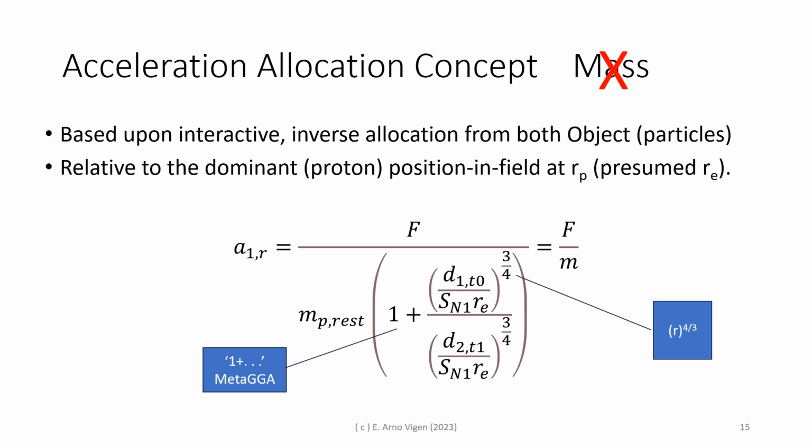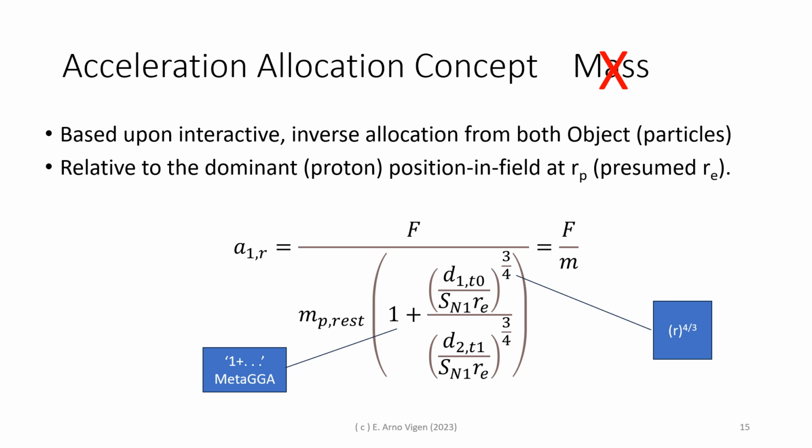You see, it's an inverse interactive allocation between both objects. It doesn't work at the macro level, only at the extremes, when you have like Mercury orbiting a big, huge, monstrous sun, and there's a tiny 41 second difference in the period of that. Okay, but it does exist even at the macro level.